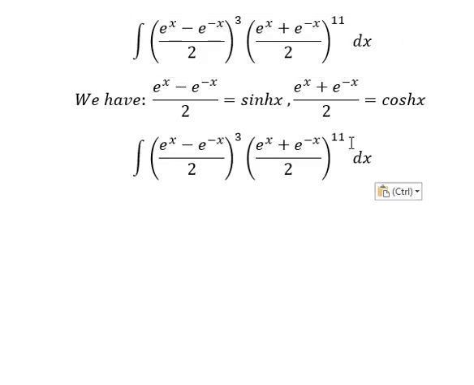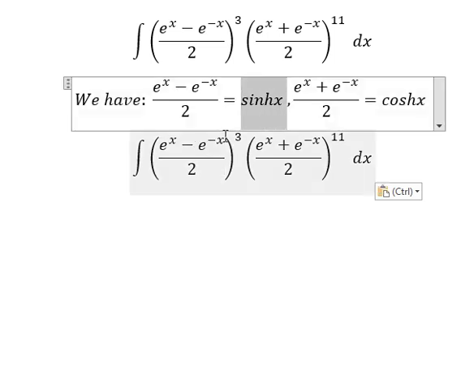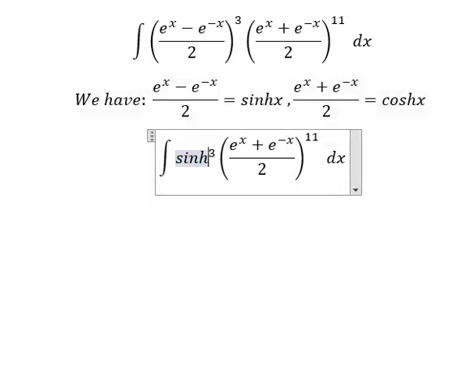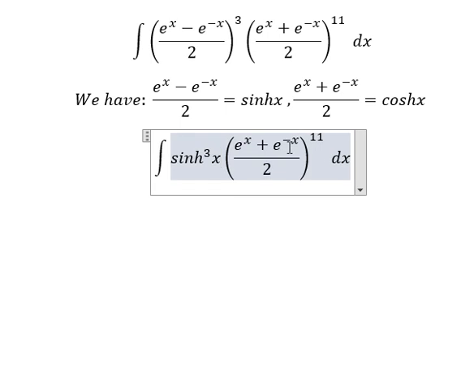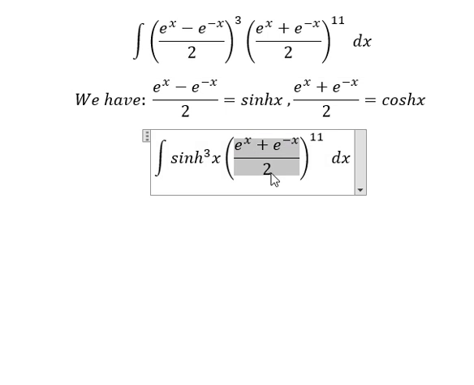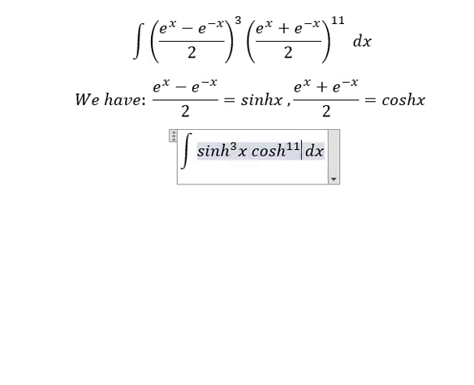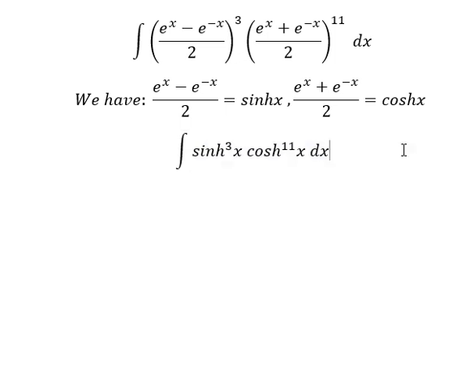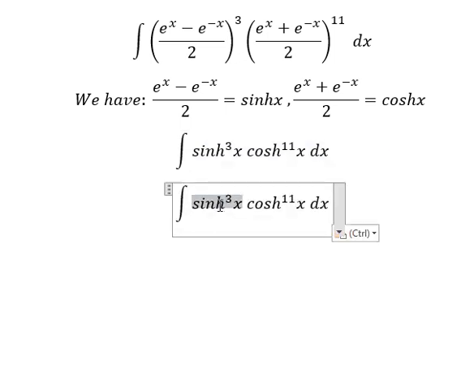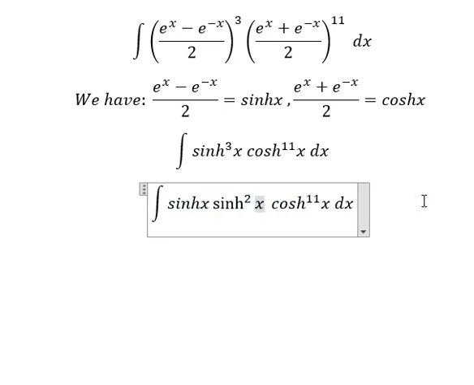So we need to transform this one into this one, and this one that is about this one. Next, this one we can put sin s square.